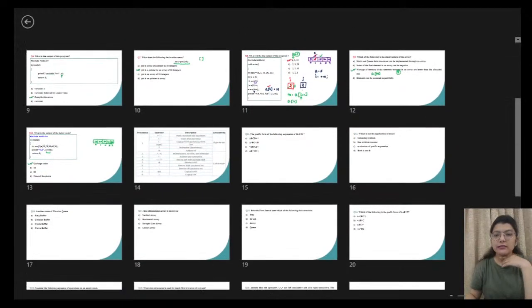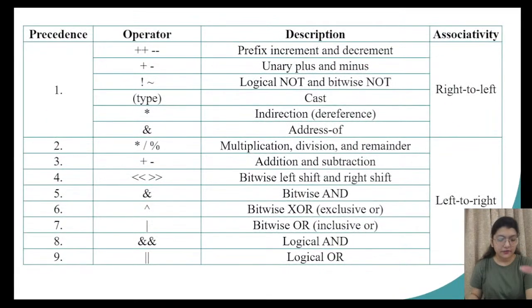Before that, this is the table that is for you all. In this table, basically, it is the precedence of certain operators that we have. If you see here, these are your prefix increment and decrement operators. Then we have unary, logical not and bitwise not, then cast type casting, then dereference operator, then address of operator.